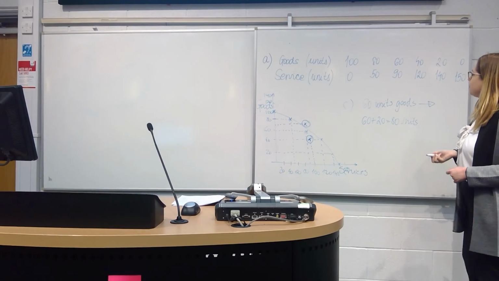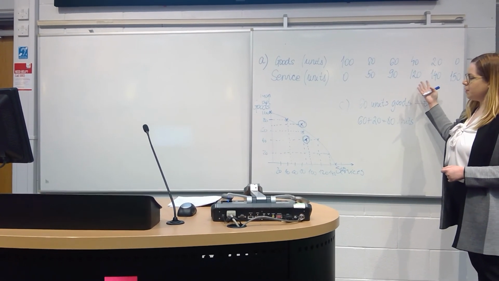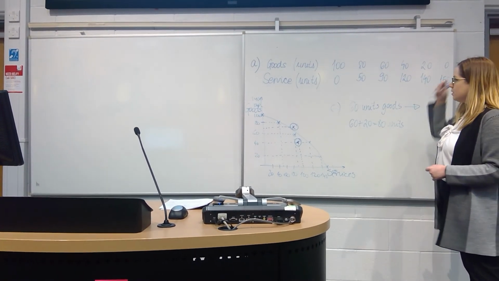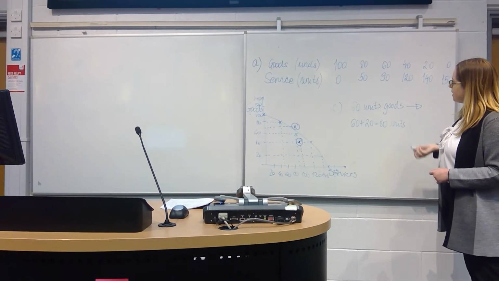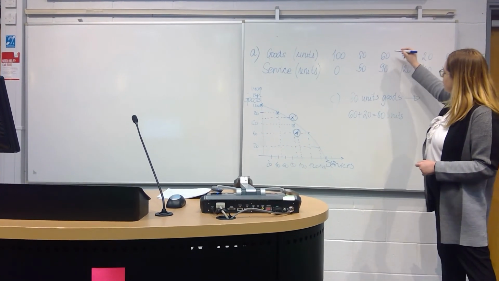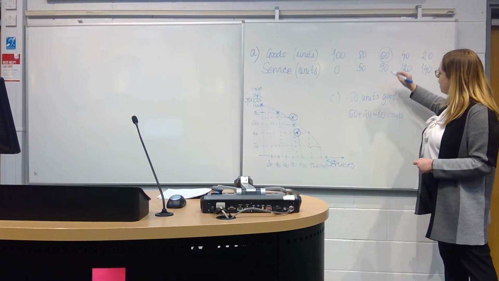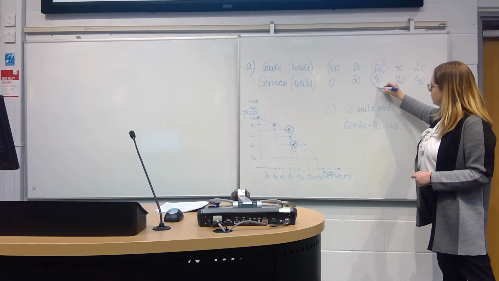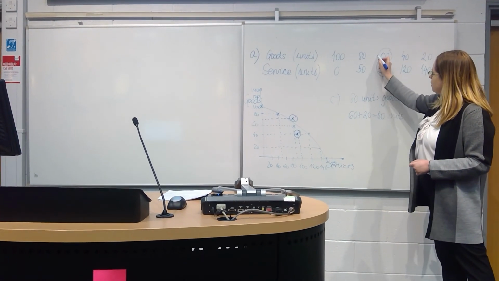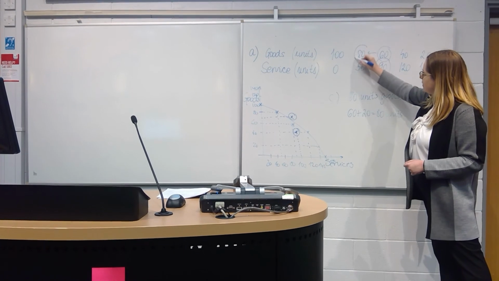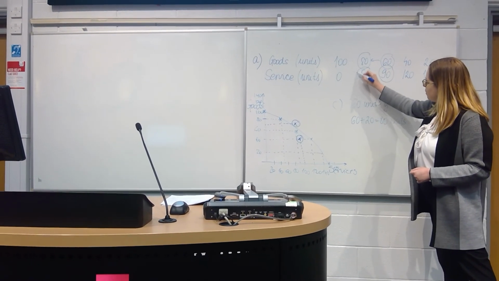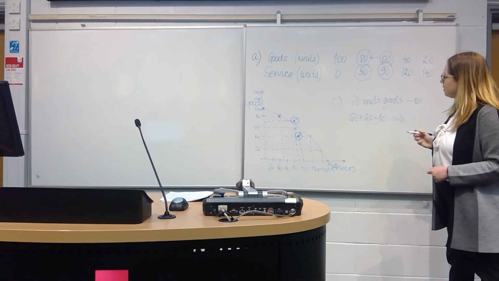We should consult both our table and our chart to solve this task. When the country is producing 60 units of goods, it produces 90 units of services. When the country moves to producing 80 units of goods, it can only produce 50 units of services.